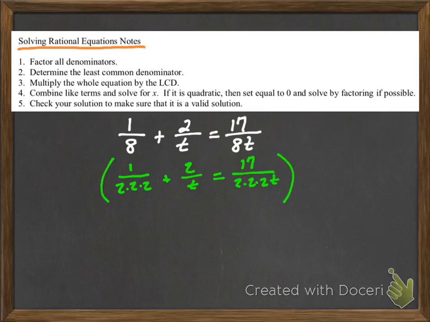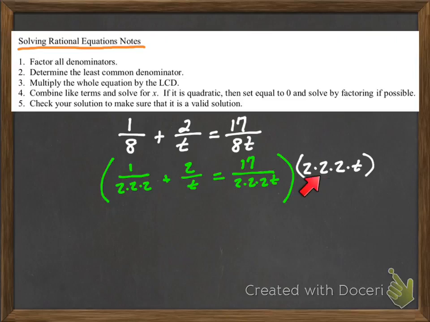Now, if we think about what our common denominator is here, our denominator needs to have 3 2's. We also need to have a t. This denominator also already has the 3 2's and a t. So 2 times 2 times 2 times t, this will be our common denominator.